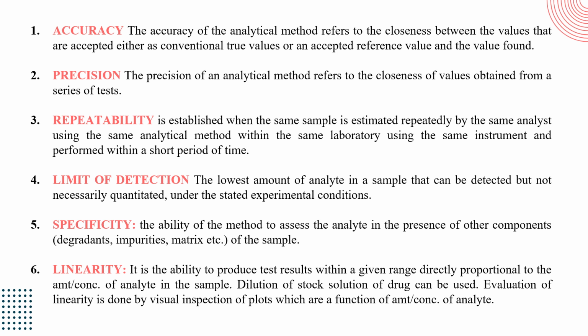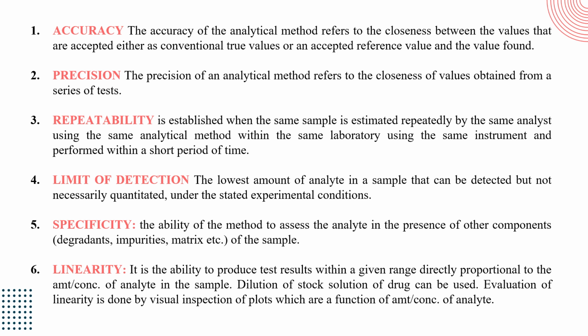Next is the repeatability. As mentioned by its name, the repeatability means the same sample is estimated repeatedly by the same analyst using the same analytical method within the same laboratory using the same instrument.